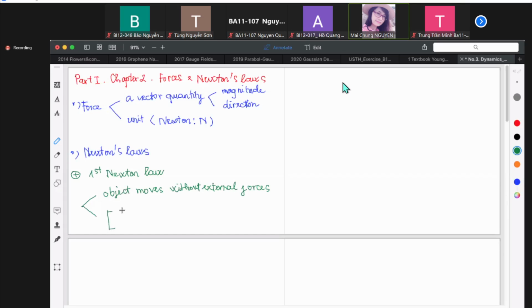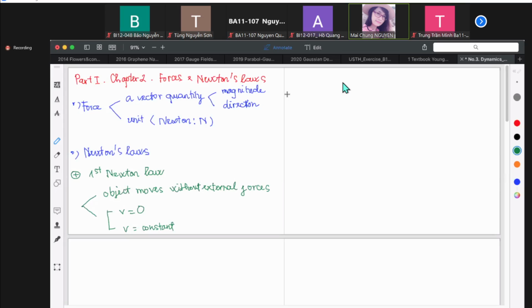If it is stationary, it continues to remain stationary with velocity zero. In the other case, if the object is moving, it continues to move with constant velocity. Is that right for the first Newton law?